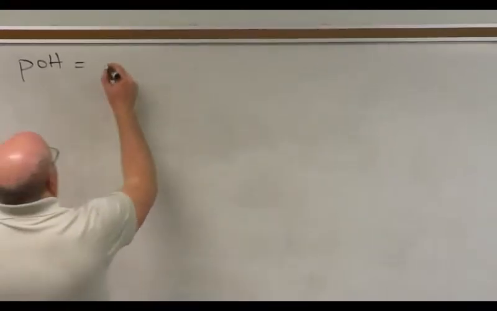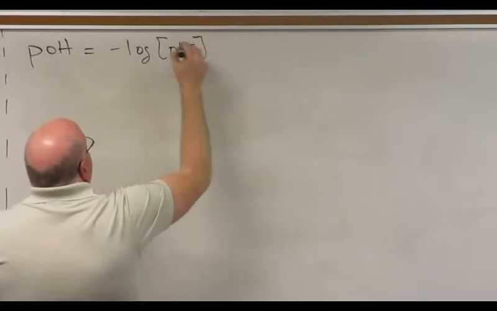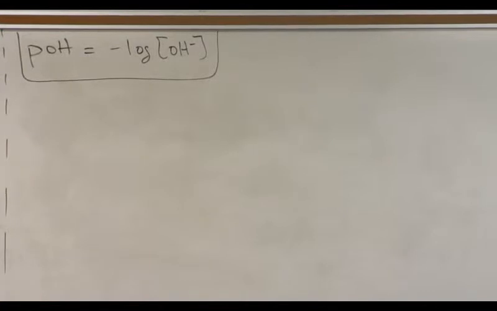If pH is negative log hydronium ion concentration, pOH is negative log hydroxide ion concentration. It measures the same thing. It measures how much hydroxide is there.